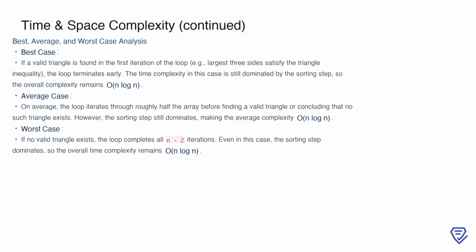Regardless, the sorting step ensures that the average time complexity is also O(n log n). In the worst case, no valid triangle can be formed, meaning the loop runs for all n-2 iterations. Despite this, the sorting step still dictates the overall complexity, which remains O(n log n).